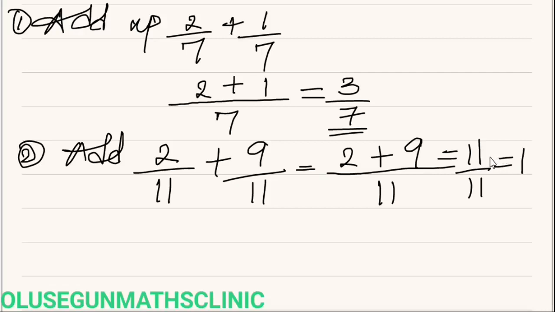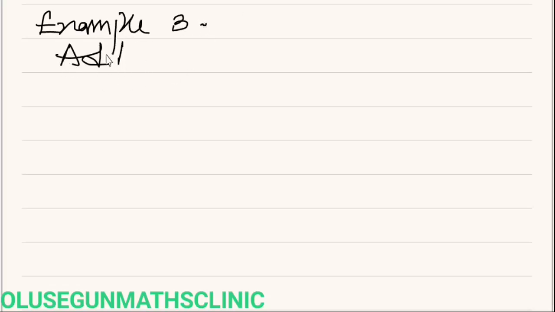So now let's have an example with different denominators. Example 3. Add 2/5 plus 4/9. Your first observation is that the two denominators are different from each other.